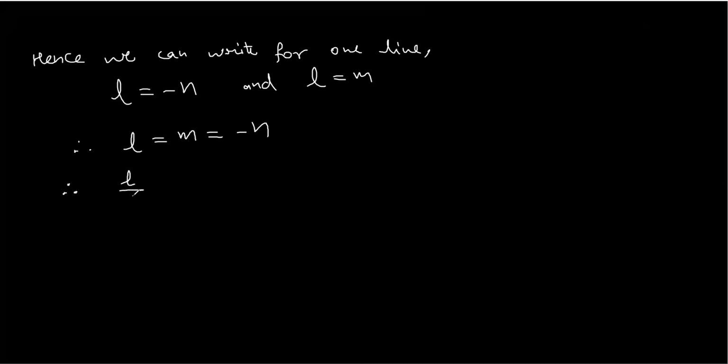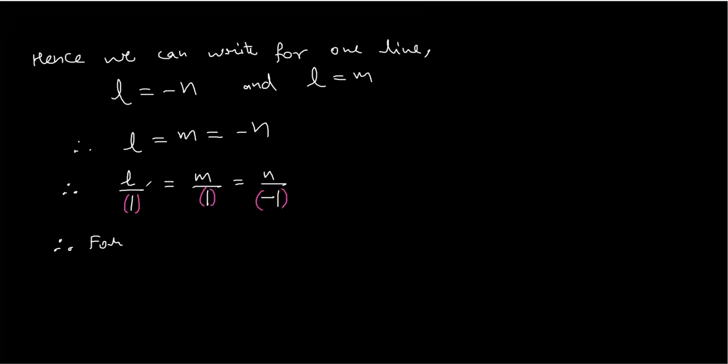Therefore, L upon 1 equals to m upon 1 equals to n upon minus 1. See, L equals to m equals to minus n can be written as L upon 1, m upon 1, and for minus n I can write n upon minus 1. Now from this what you understand? Therefore, for one line, see students, I got three numbers which are proportional to LMN.